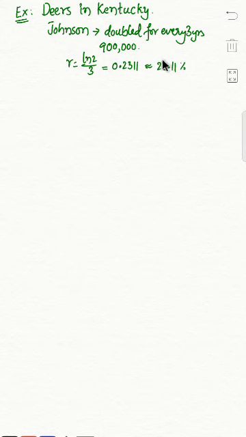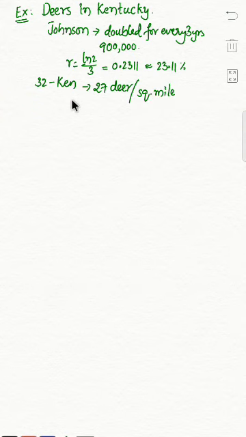Population densities for 32 counties in Kentucky average approximately 27 deer per square mile. Suppose that this is the density for the whole state, the carrying capacity. There are 32 counties in Kentucky, and they estimated that there are 27 deer per square mile.